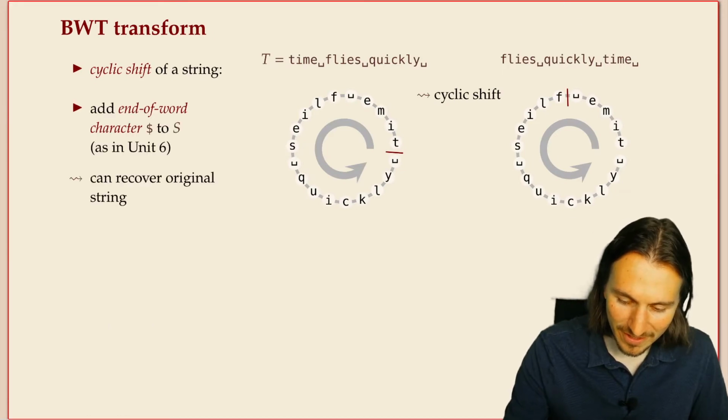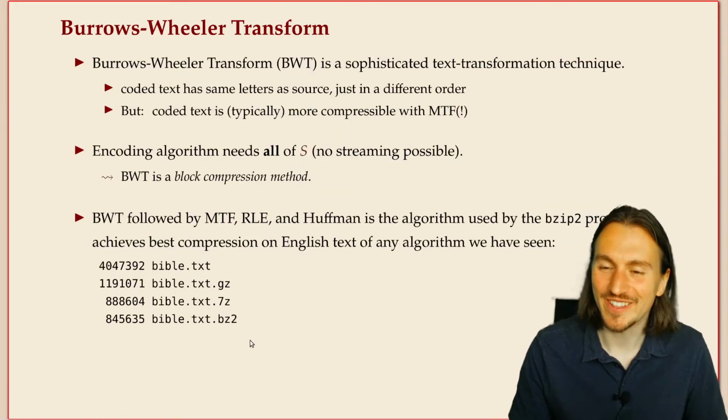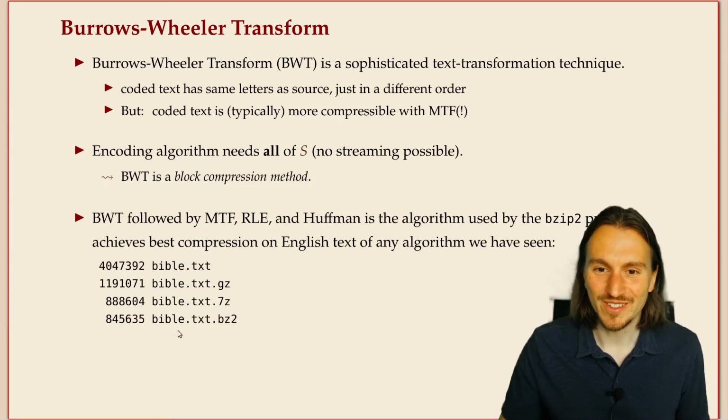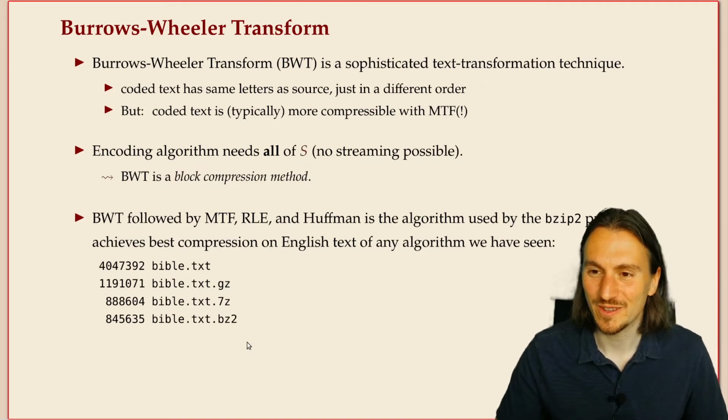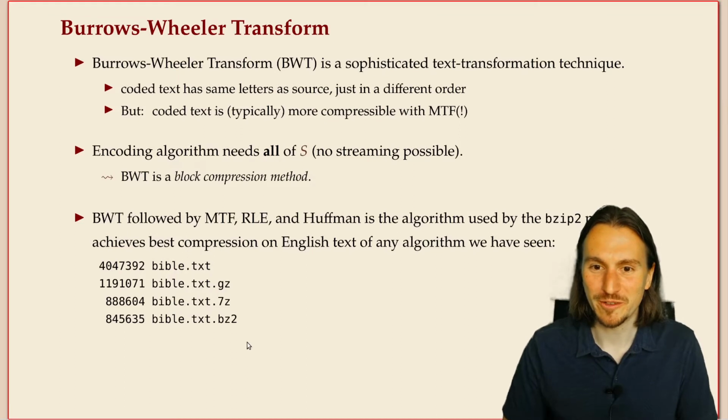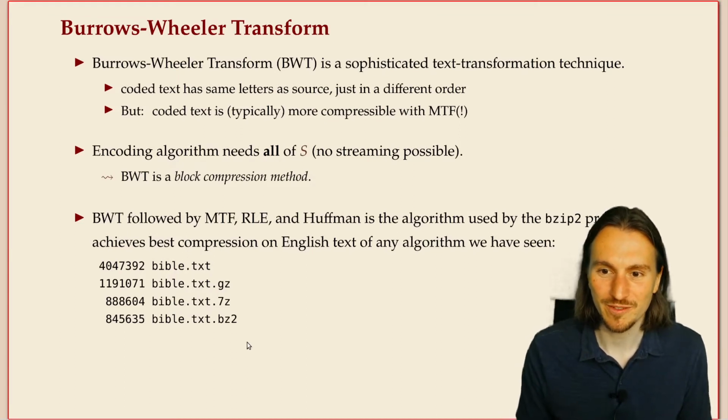To be fair, I should mention here that bzip tends to be slower than the other methods. So there's a trade-off to be made between the time it needs to compress and decompress and the compression ratio. But if the actual compression ratio is what you're after, then bzip is very solid.